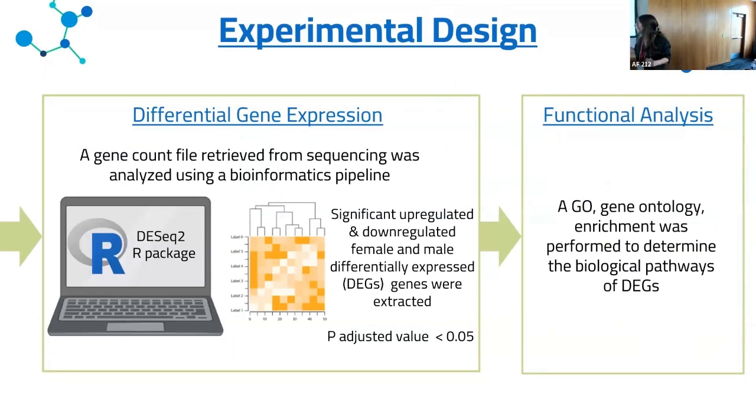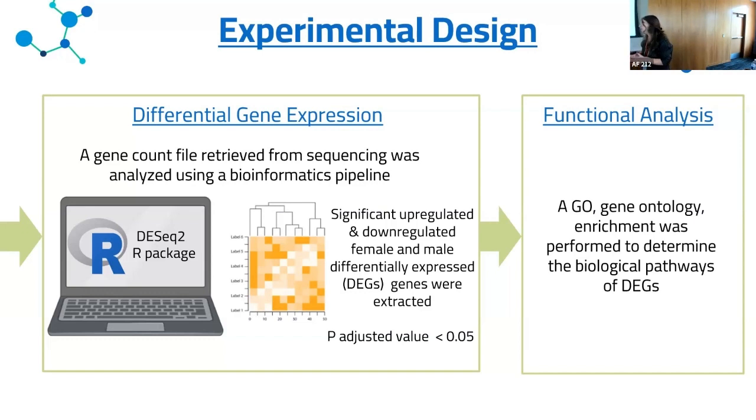Afterwards, we performed a differential gene expression analysis using a bioinformatics pipeline from our sequencing data, specifically from a gene count file with approximately 21,000 genes. And that was performed, as I said, with a differentially expressed sequencing package in R and RStudio. And of that analysis, we extracted our significant upregulated and downregulated male and female differentially expressed genes.